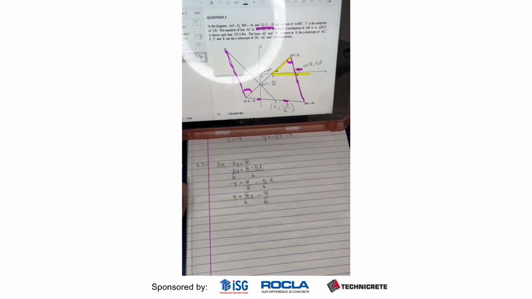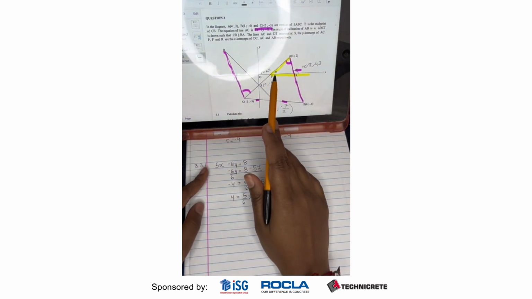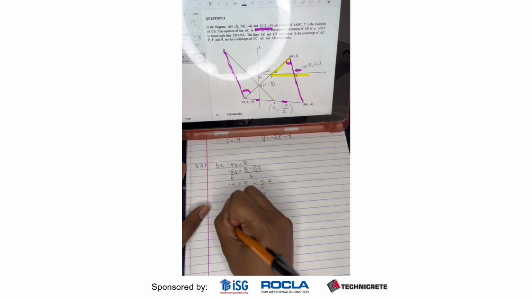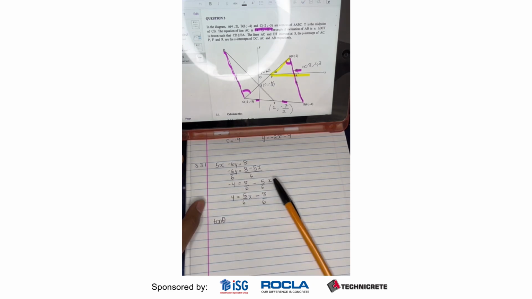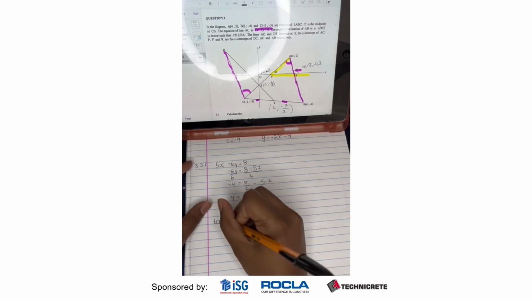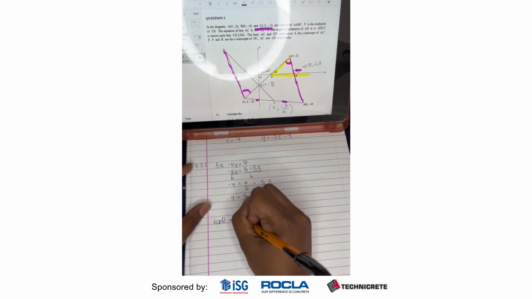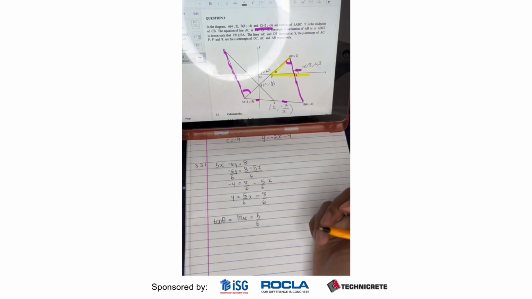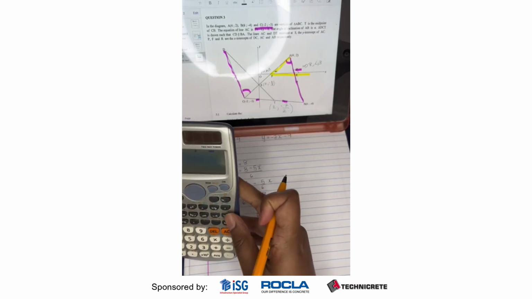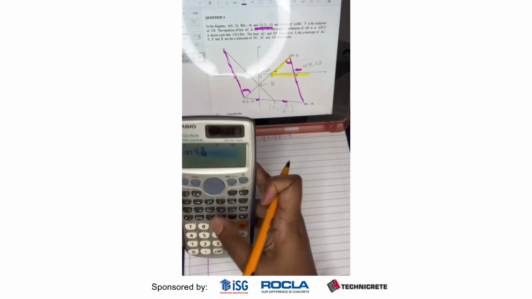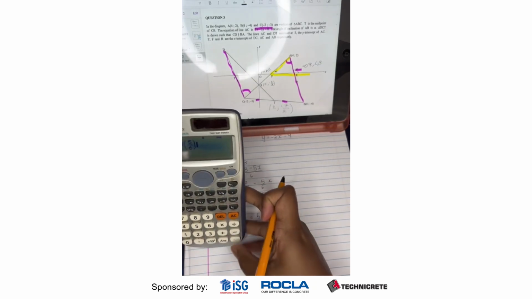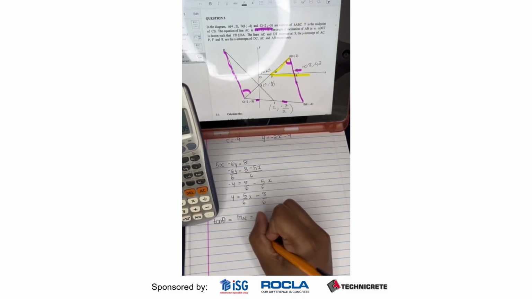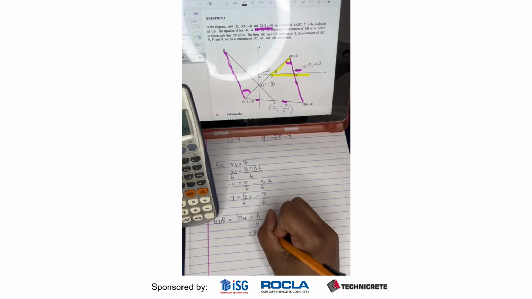So I'm going to use that 5 over 6 now to find the angle of inclination here at F. So tan theta, I'm going to label that theta, is equal to the gradient of AC, which is 5 over 6. So let's find it. Shift tan 5 over 6 is equal to 39.81.